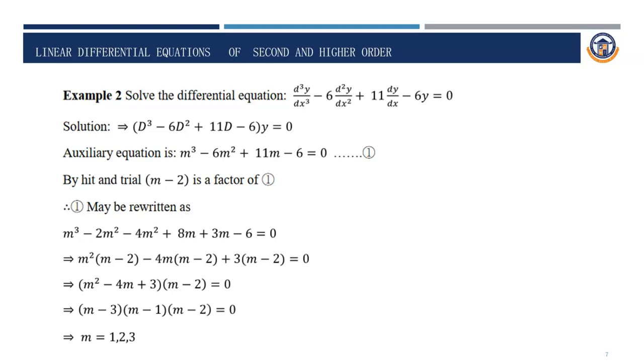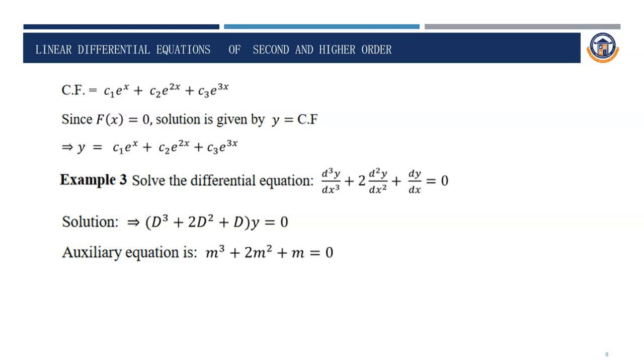So the roots are real and different: m1 equal to 1, m2 equal to 2, and m3 equal to 3. Therefore, the complementary function is C1 e power x plus C2 e to the power 2x plus C3 e power 3x. In this problem, the right hand side is equal to 0. Therefore, the final solution is y equal to C1 e power x plus C2 e power 2x plus C3 e power 3x.